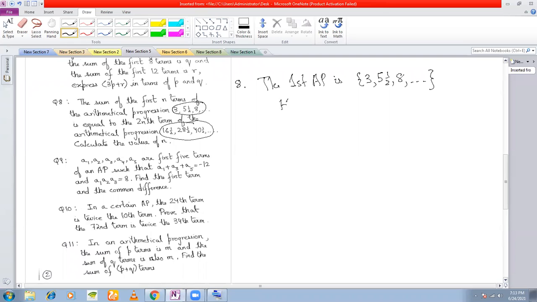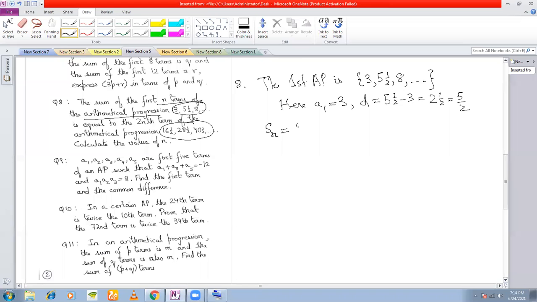So here, what is your A1? 3. What is the common difference? 5.5 minus 3, which is 2.5. 2.5 is 5 by 2 in terms of mixed fraction. Here it is given that the sum of first n terms of the AP is equal to the 2nth term of another AP. So what is the sum of first n terms of an AP, Sn in this case?